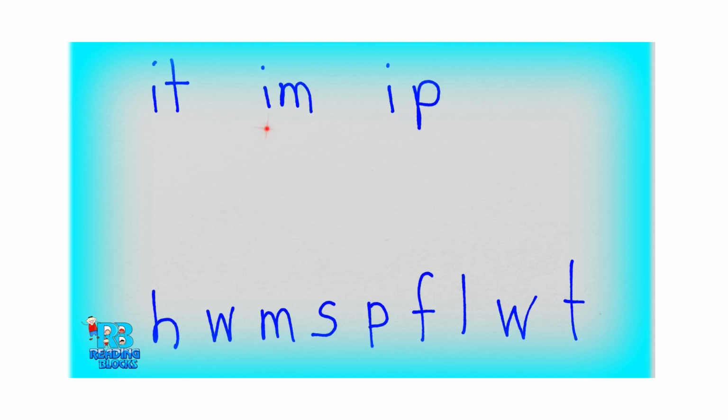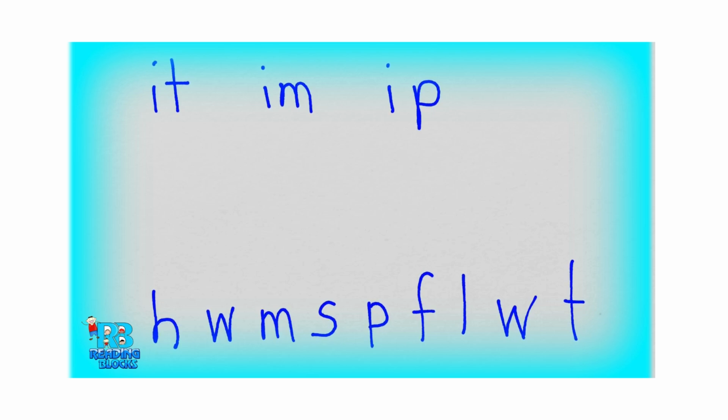So these are 3 word families. And now these are the sounds we're going to combine with our word families and make some words. So let's practice these sounds. W, m, s, p, f, l, w, t. Very good.